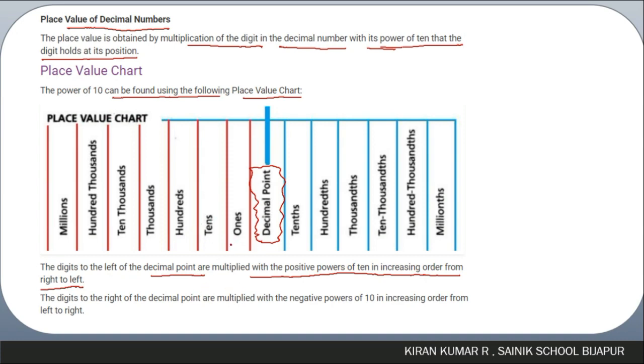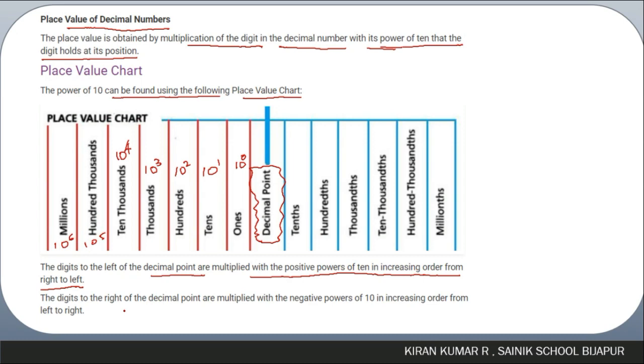Here it is nothing but 10 raised to the power 0. This is 10 raised to the power 1, 10 raised to the power 2, 10 raised to the power 3, 10 raised to the power 4, 10 raised to the power 5, 10 raised to the power 6.